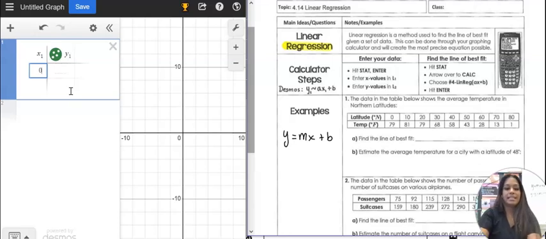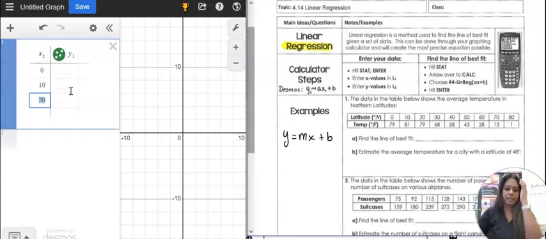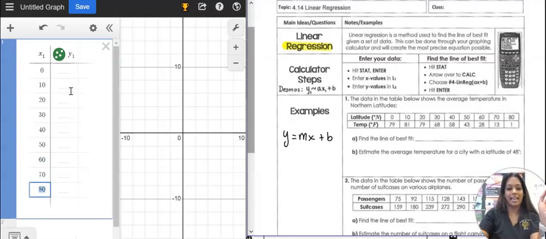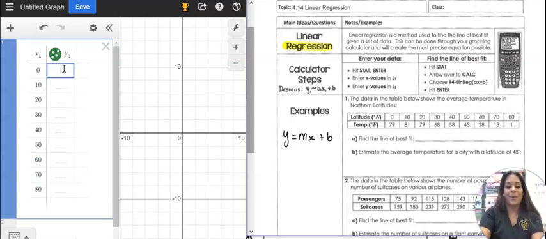I like to preferably add all of my x values: 20, 30, 40, 50, 60, 70, 80. And then there's my y values: 81, 79, 30 goes to 68, and so on.